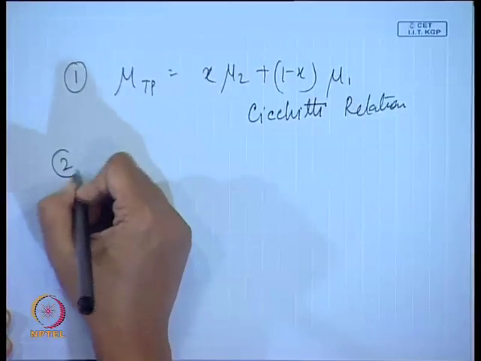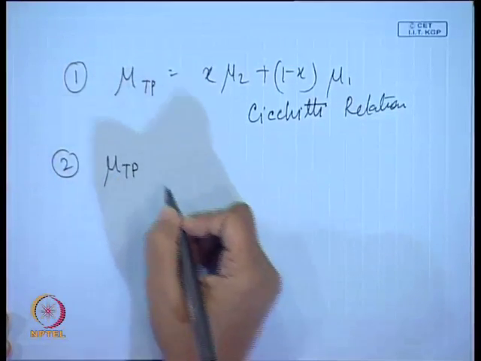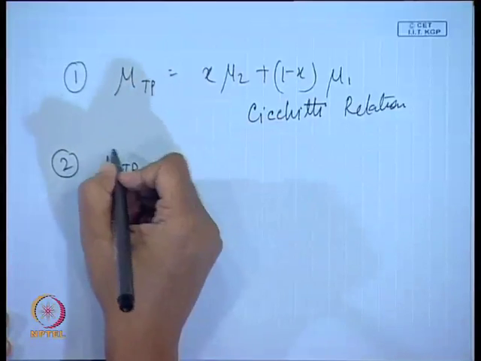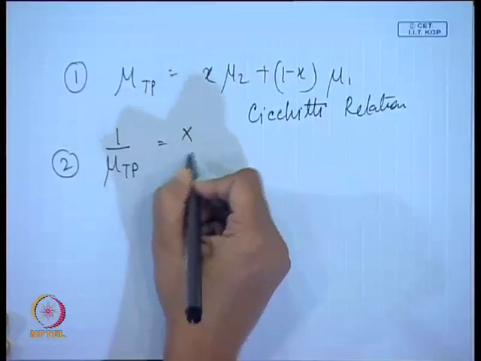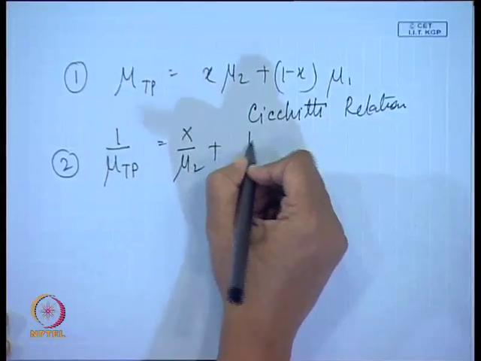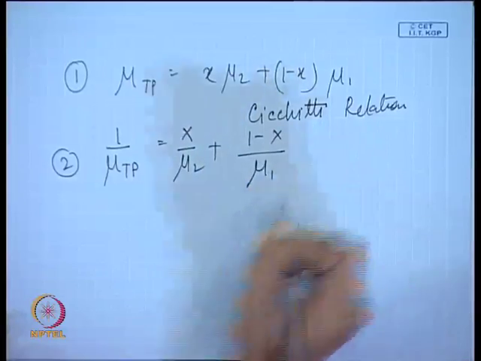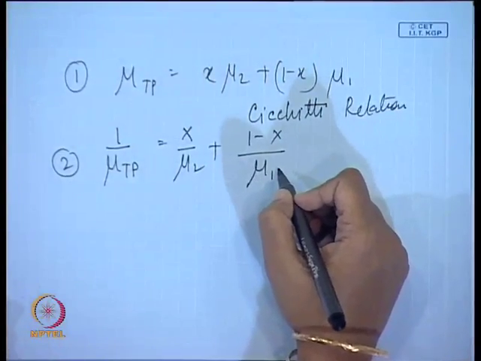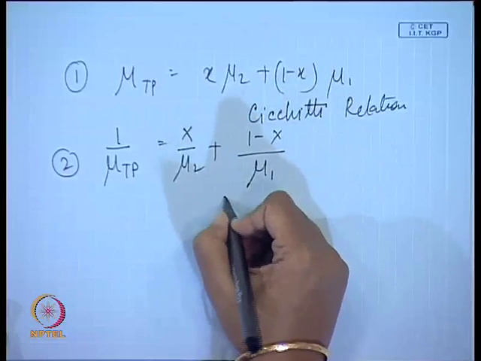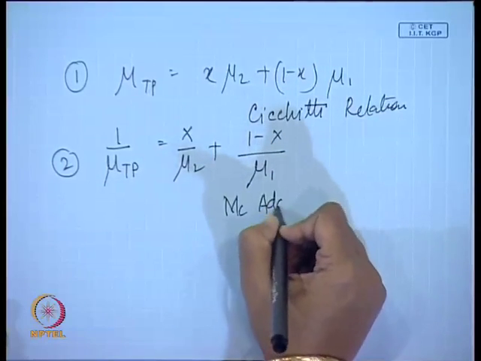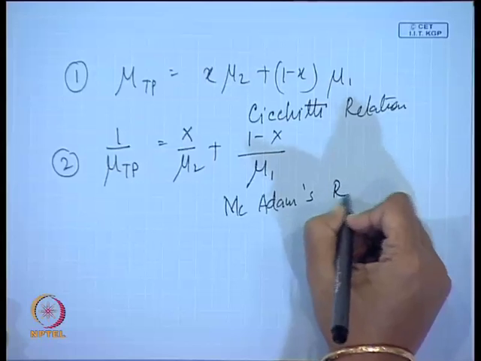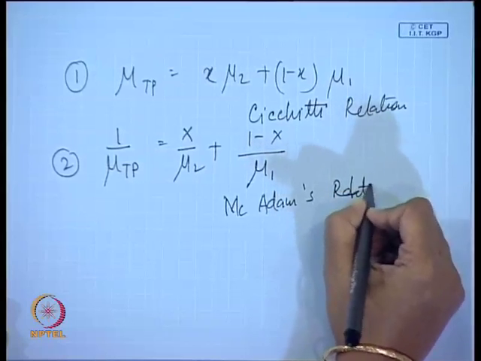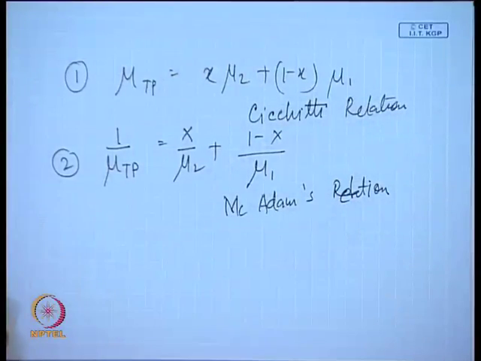The other equation which is much more used has been proposed by McAdams, which expresses viscosity in terms of quality and single phase viscosity in this particular form. This is the McAdams relation.